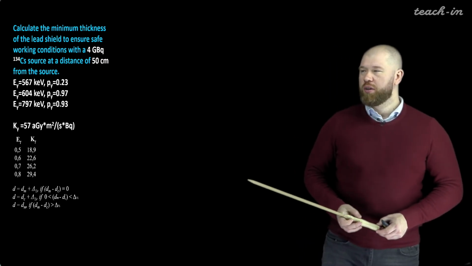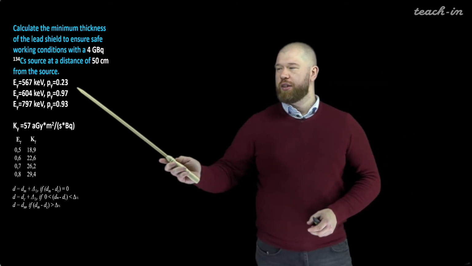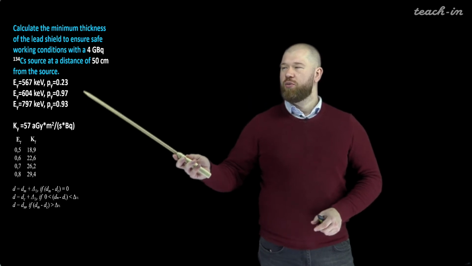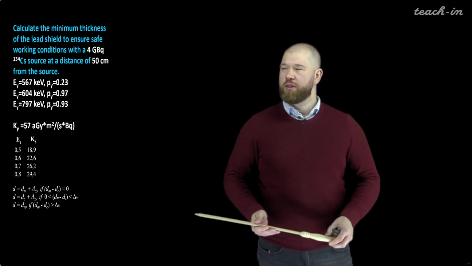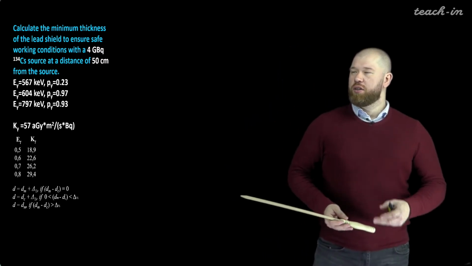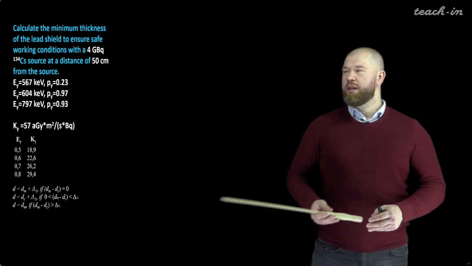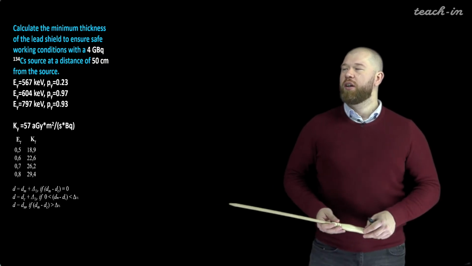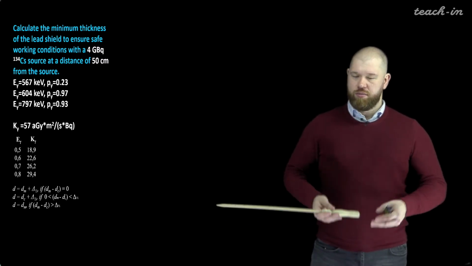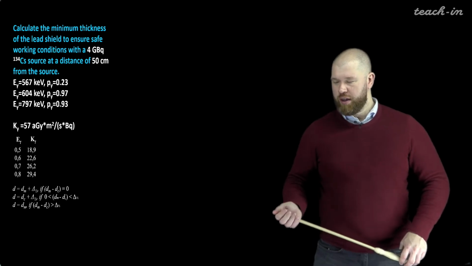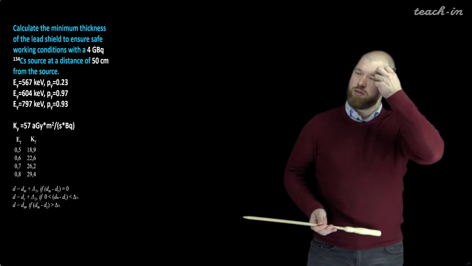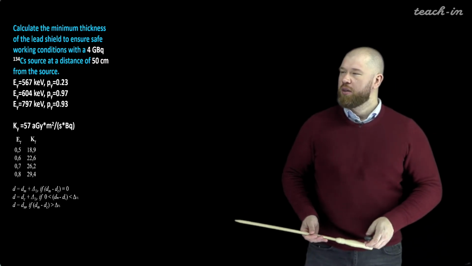We have to calculate the thickness of the shielding for each of these gamma quanta, then compare them between each other and choose the main, competitive lines, and then there are some other steps for calculation of the optimal thickness.